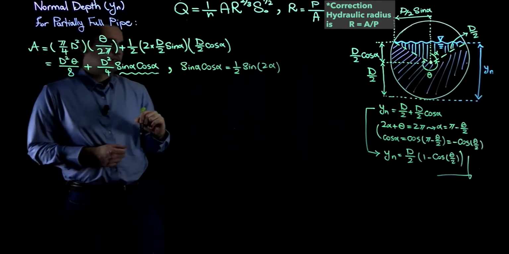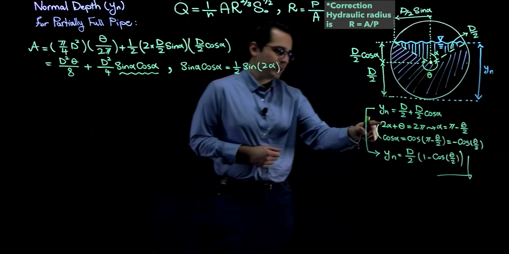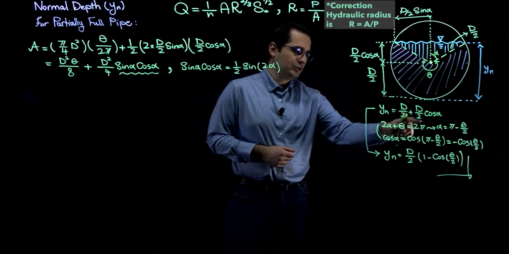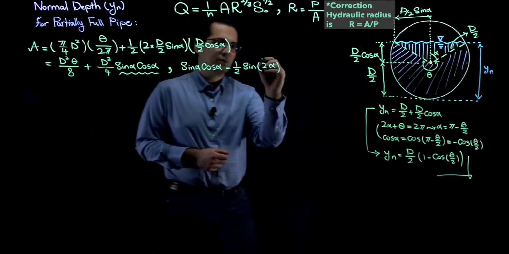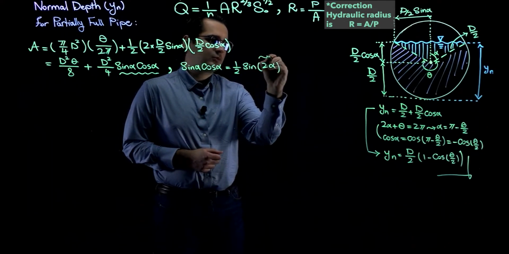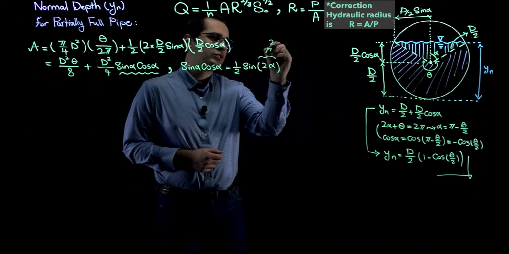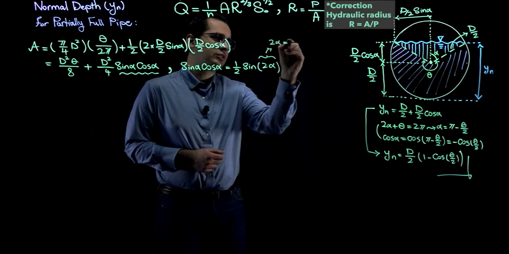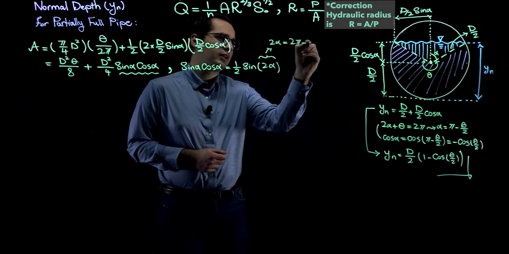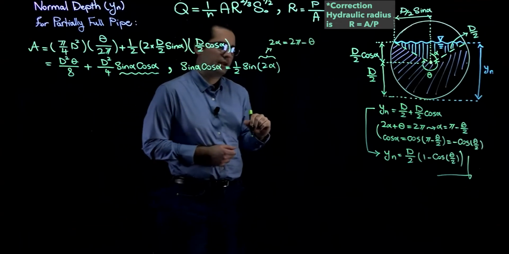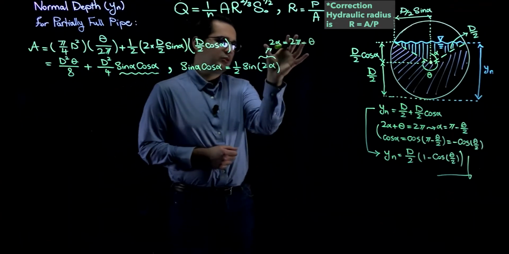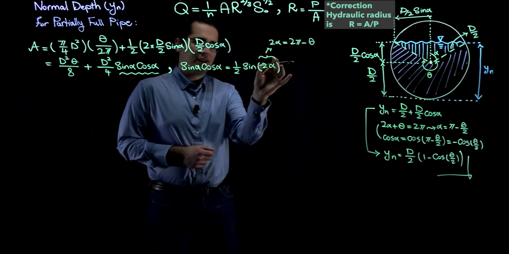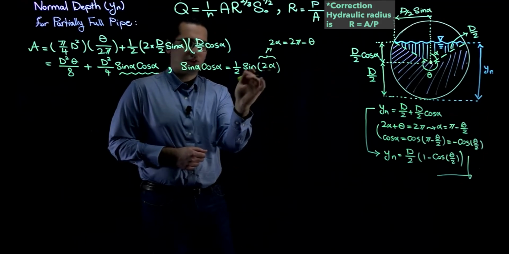Right? Okay. Also, we know that 2 alpha is equal to 2 pi minus theta, right? So I'm going to use this and simplify this equation.